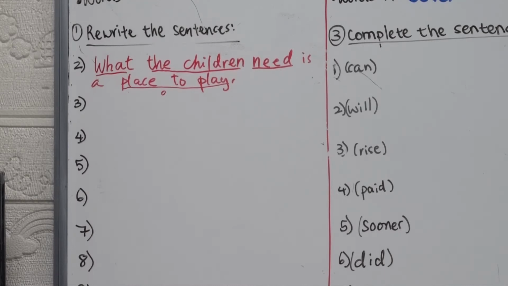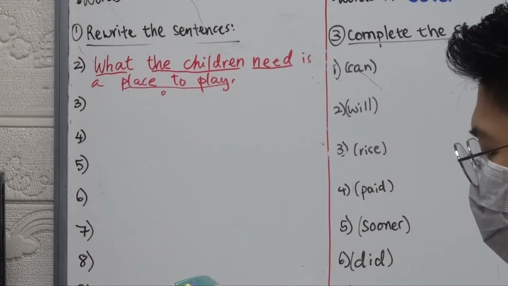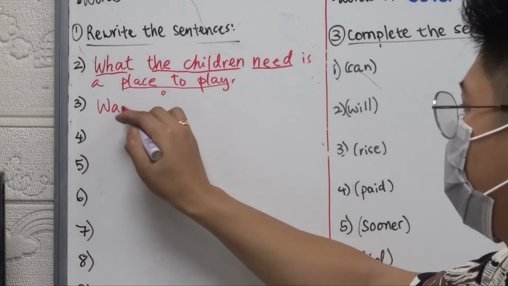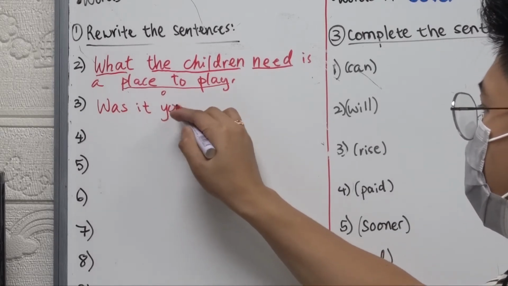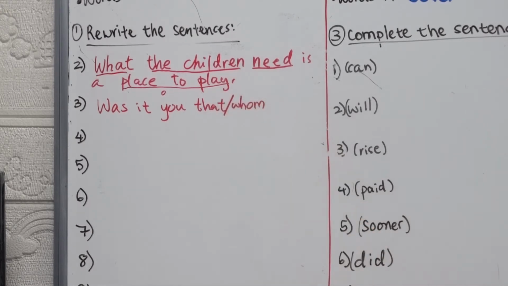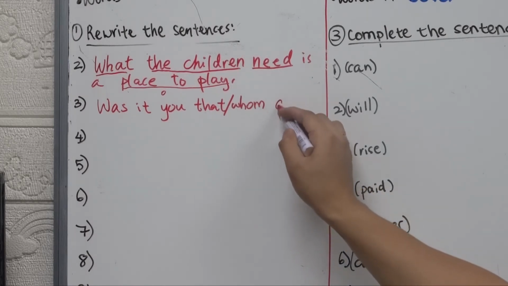So questions: how do we write down questions again? This is asking about a person. So can we say, was that you? No, this is a person, so was it you? Now, you can say "that" or "whom" for a person. Was it you that gave him that horrible pair of trousers? Past tense, it should be gave.